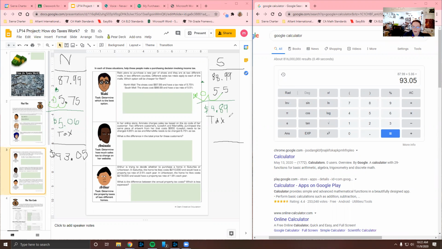Okay, same thing over here. Figure out the totals on the South Mall. 88.99 plus my $4.89 in tax. And that costs me $93.88.